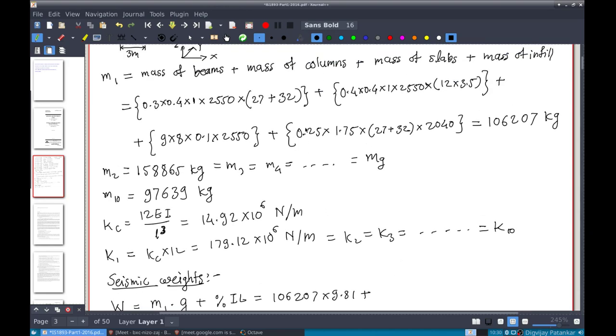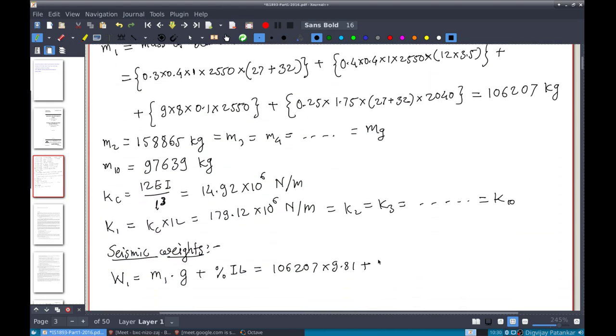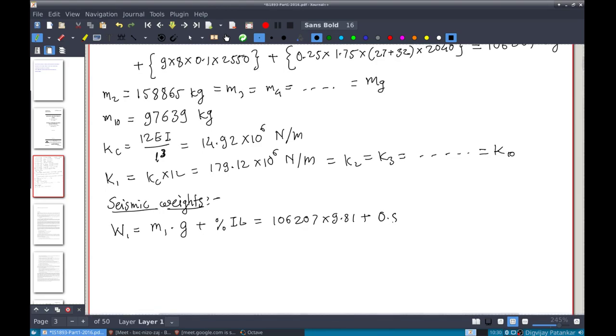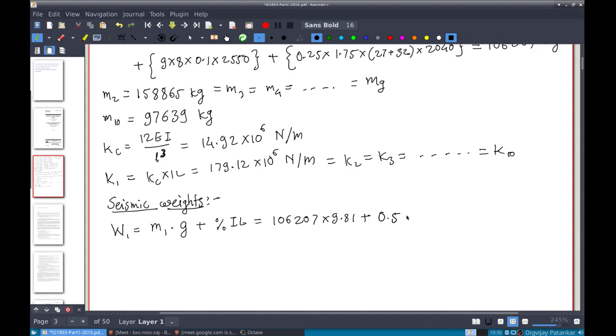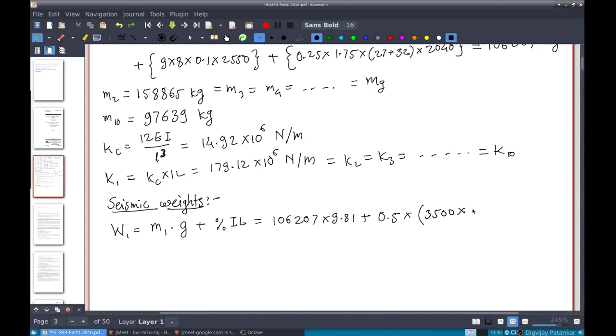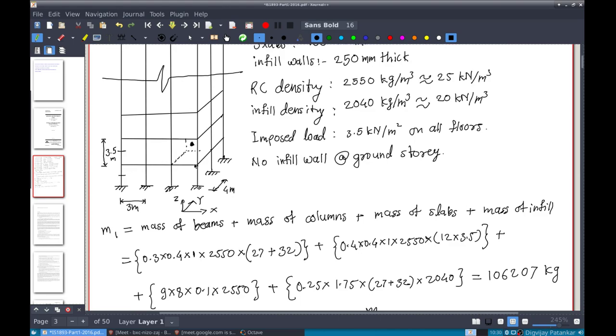So what is the imposed load on first story? Imposed load everywhere is 3.5, and how much percentage should I take here? 50%. 50% of the total imposed load. So what is the total imposed load here? 3500 Newton into cross sectional area. The entire area, this one is 9 into 8.